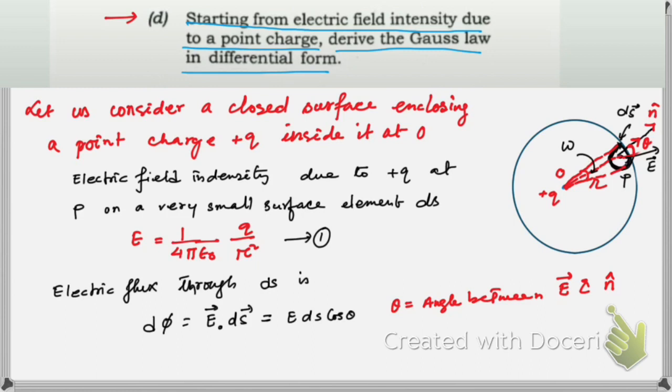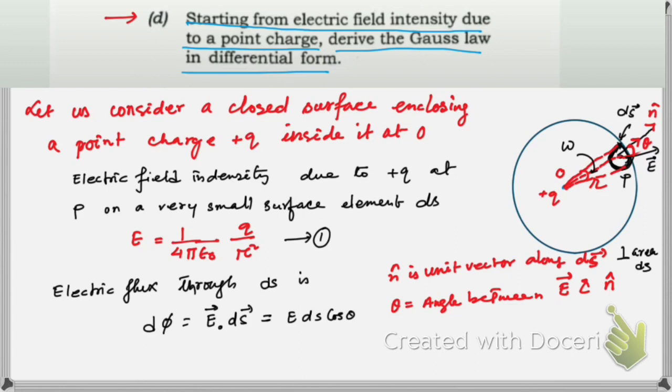Also let me mention one more thing. This n cap is the unit vector along the ds vector. So ds vector is the area vector, right, which is perpendicular to the area element ds, right? You can say like that.